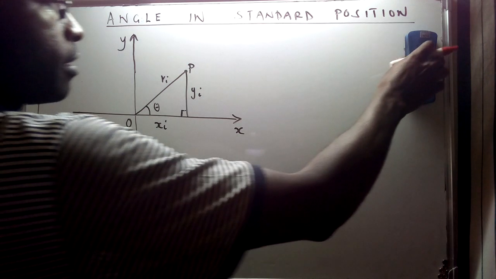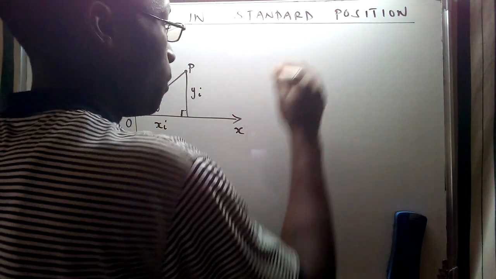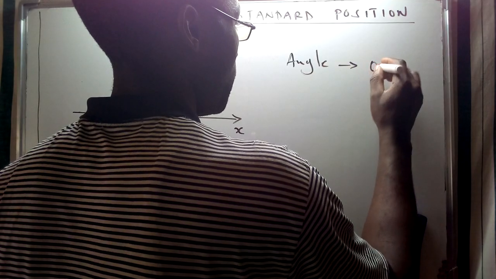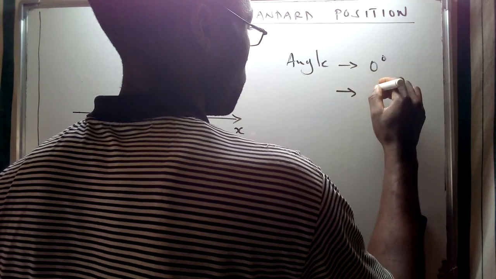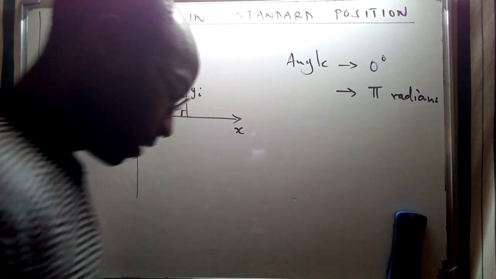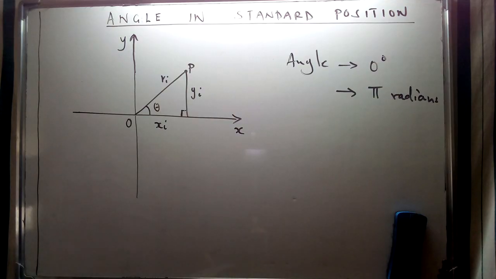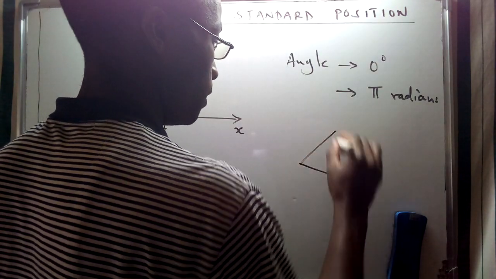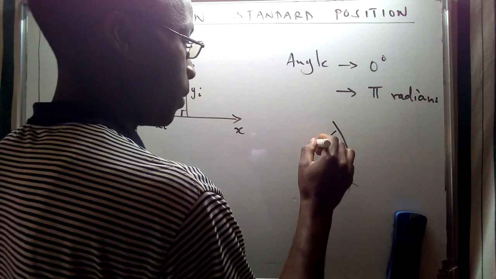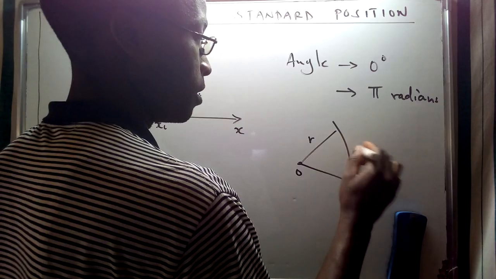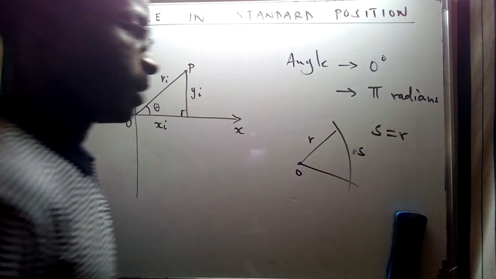Previously, we discussed angle measurements, and we said that angles can be measured in degrees, or sometimes in radians. We defined a radian as the angle formed when an arc from the center of the circle forms a length s equivalent to the radius of that circle.